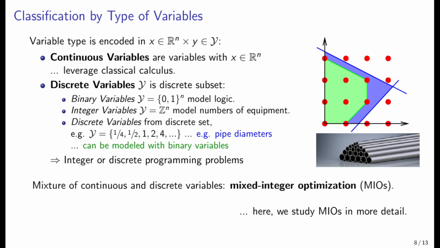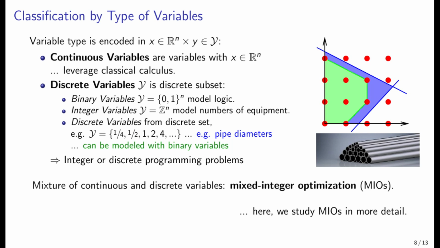The next classification that we can do is by variable type. So we can distinguish continuous variables. We looked at continuous problems for now, and then discrete variables. And so discrete variables arise in many guises, in many different ways. They could be binary variables, in which case they model logic constraints, or general integer variables, like on this integer lattice up here, where the red dots correspond to combinations of integer variables.